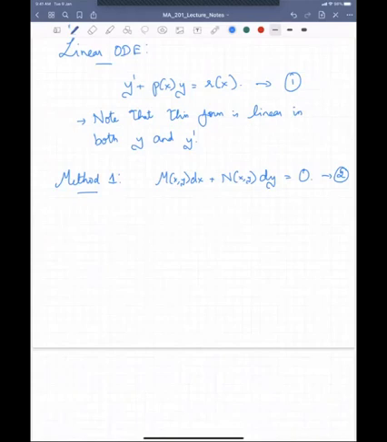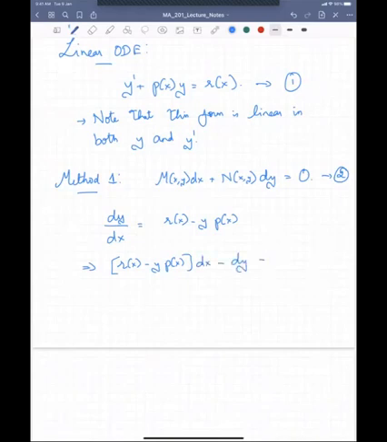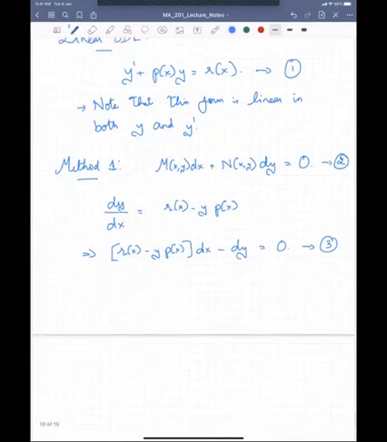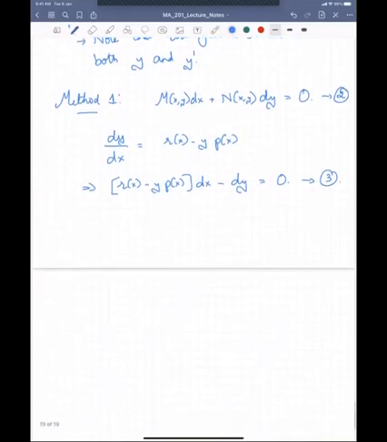The way I would do it is by writing equation 1 as dy dx is R of x minus y P of x, and then rearranging this to look like (R of x minus y P of x) dx minus dy equals 0. Okay, so this at least form-wise looks exactly the same as 2.